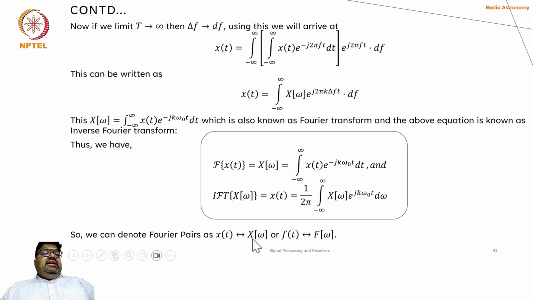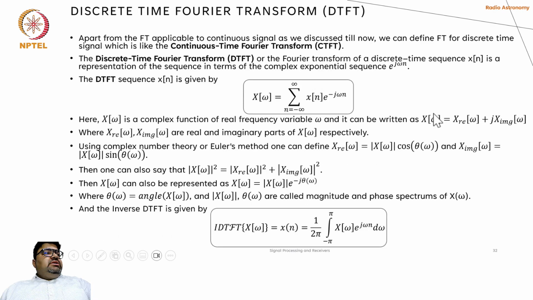And x(t) and capital X(omega) are Fourier pairs, similar to any other arbitrary function of time and frequency. The Fourier transform is applicable to continuous signals, but it can also be applicable to discrete time signals. For a continuous time signal, it's called continuous time Fourier transform.